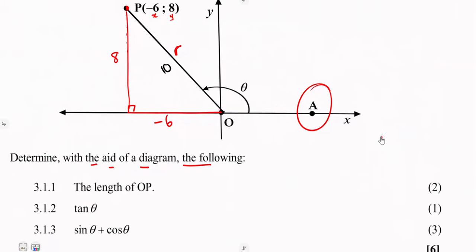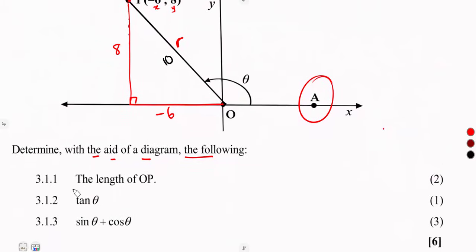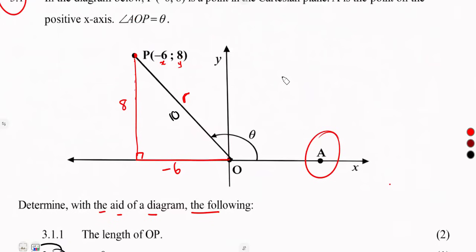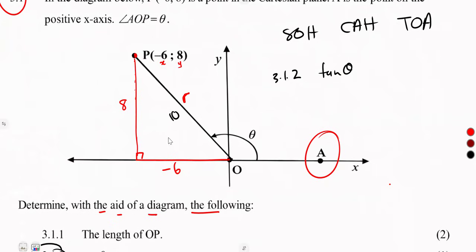Now that we have this length, you're asked to calculate tan of the angle theta. Remember the SOHCAHTOA concept. Since we are in a right angled triangle, tan is opposite over adjacent.